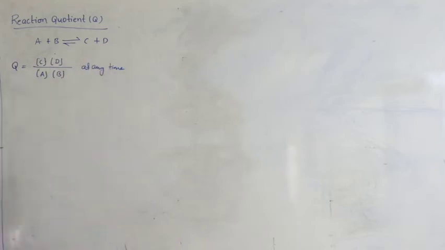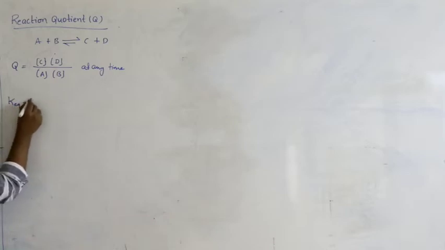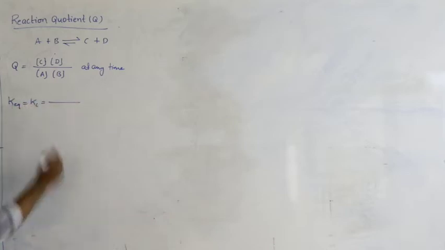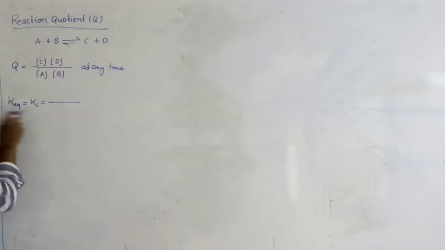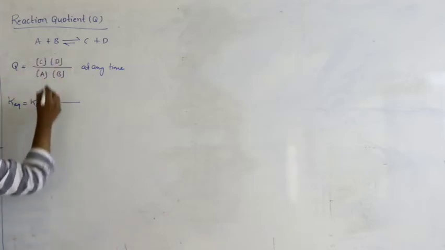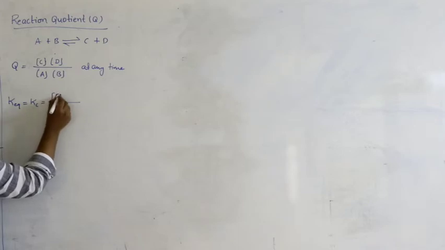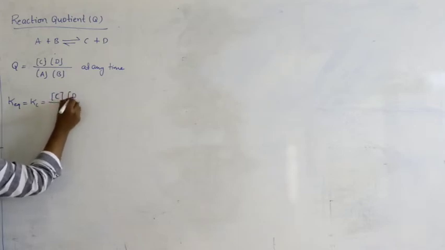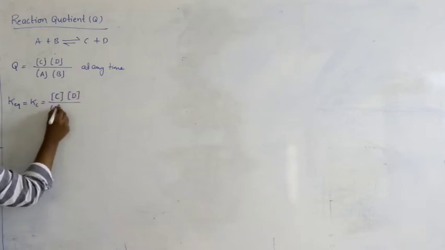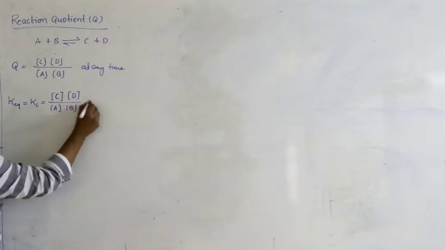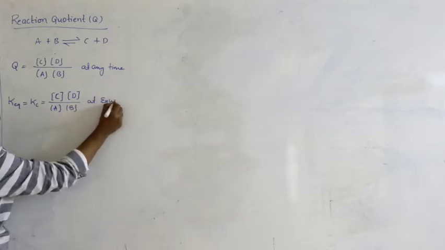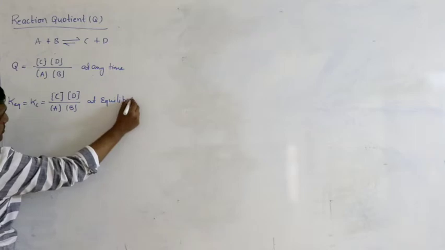Now how is it different from Kc, the equilibrium constant? Equilibrium constant means you have to consider the concentrations at equilibrium only, not at any time. That is the difference. So at a particular time called equilibrium.